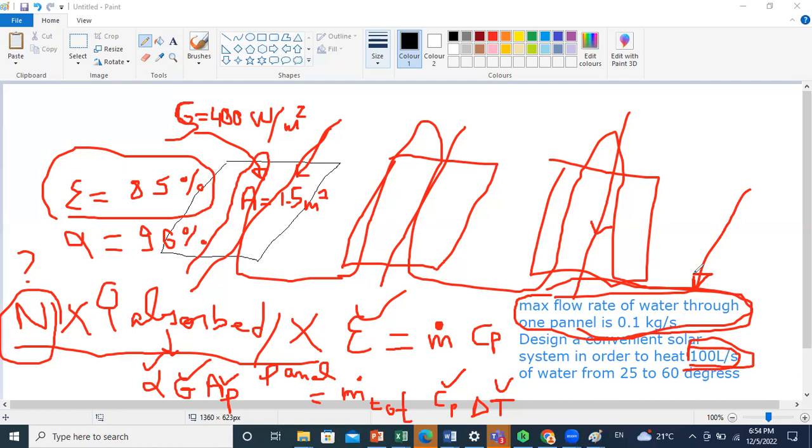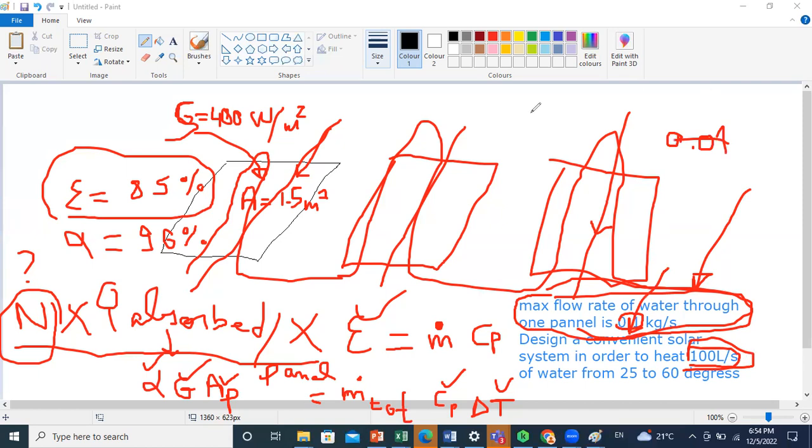For example, if they tell you the maximum for one panel, here I will change the numbers to see how it will fit. Let's say 0.01 or 0.1, let us keep it as it is. If you have the maximum flow rate 0.1 kilogram per second, you have already calculated the number of panels, and you know the total number of liters per second.